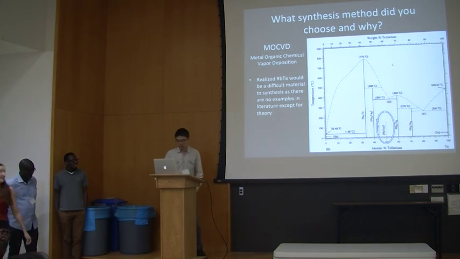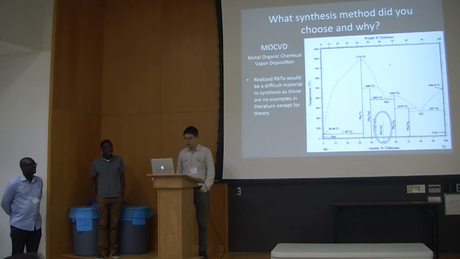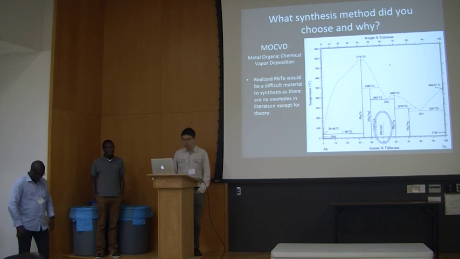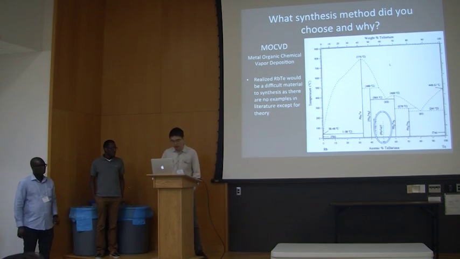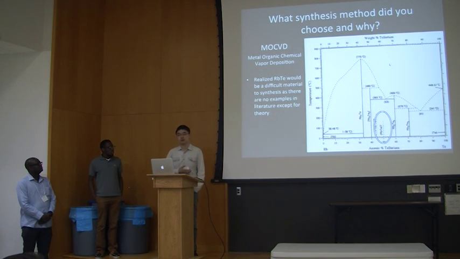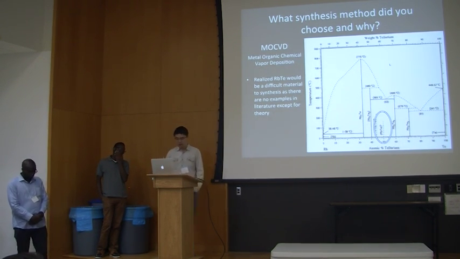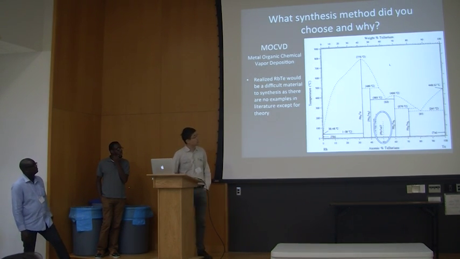So the question is, what synthesis method did you choose and why? Once we decided the material, we tried to do a little bit more search on it, and we found that for rubidium telluride, the phase diagram is shown in this diagram.